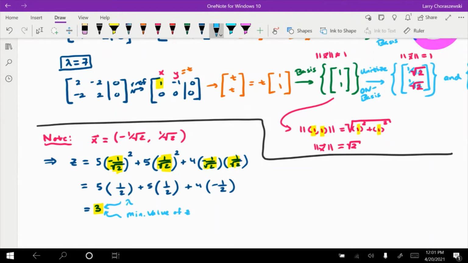Now, if you were to do this with one of the basis vectors from lambda equals 7, you would get the maximum value. Let's take a look at that. Let's use 1 over radical 2, comma 1 over radical 2.